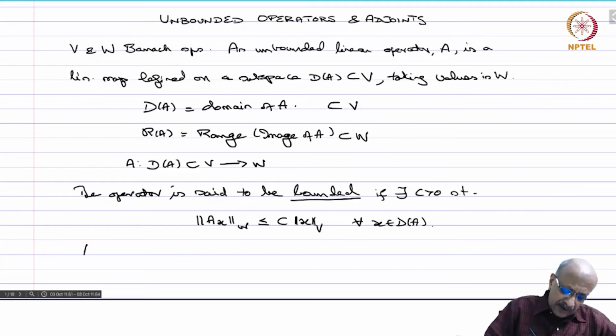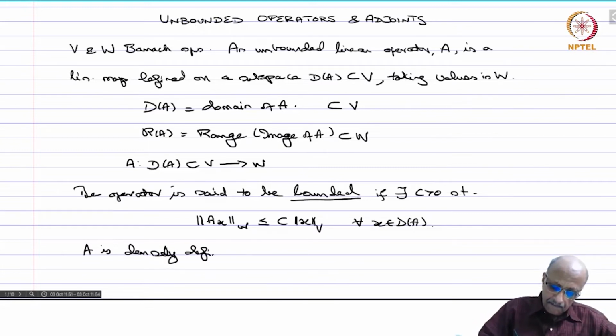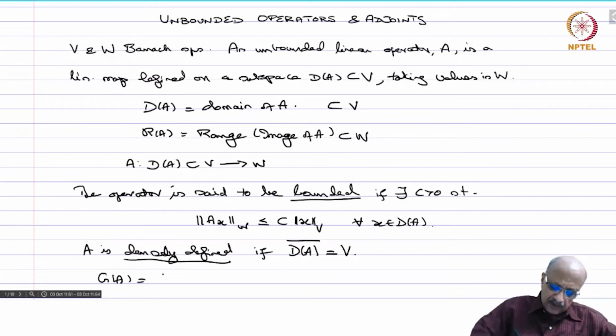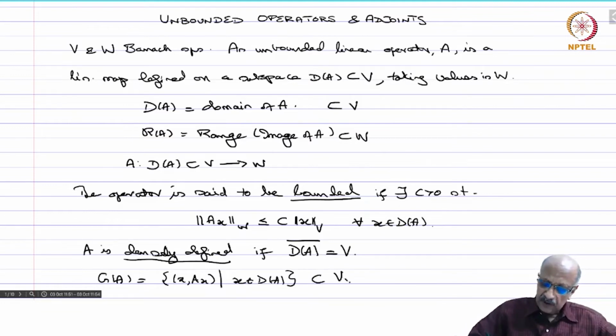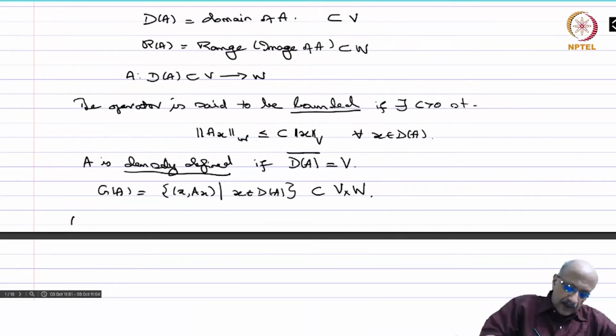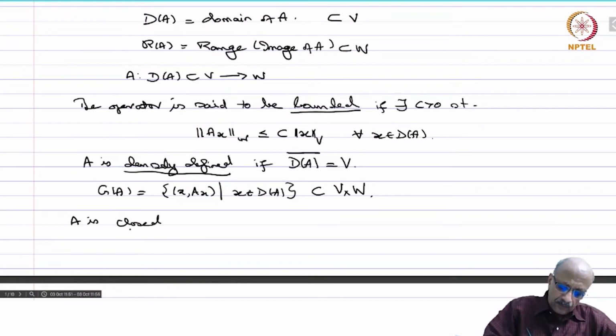Okay, it is said to be densely defined. A is densely defined if D(A) is dense in V, that is, the closure of D(A) is equal to V. Then we define the graph of A as the set of all (X, AX), where X belongs to D(A), and this of course is contained in V cross W. And the operator A is closed if G(A) is closed.